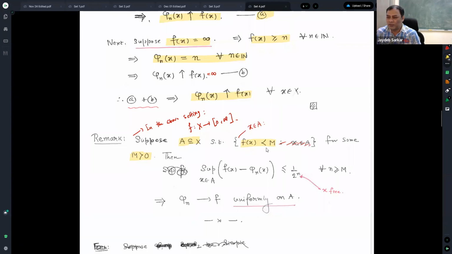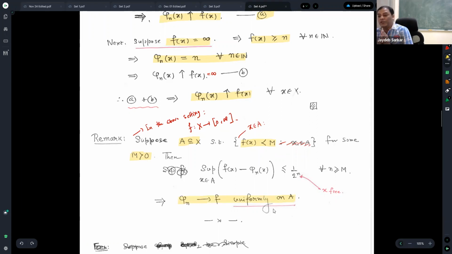What does it mean? So m is given. Let's look at the last line. I think I made something confusing here.